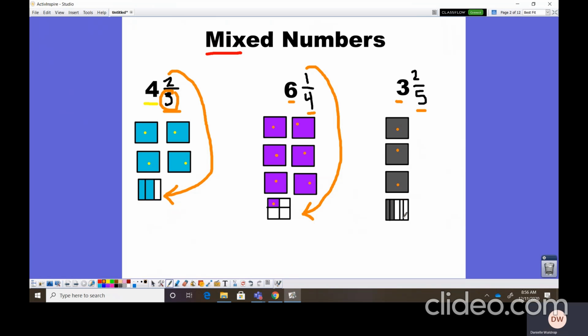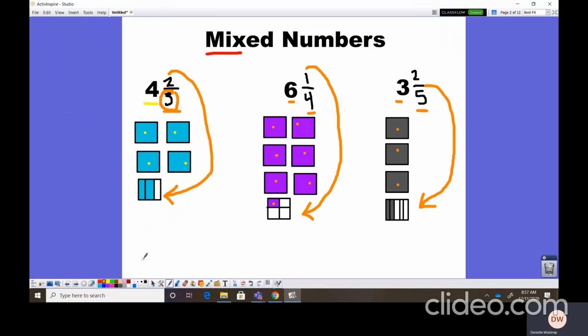So I drew another square down here. But this time, remember, when you do your fraction, you're not coloring in a whole square, because then that would have changed my number to 4. I only want 2/5. So I had to divide my square into 5 pieces. 1, 2, 3, 4, 5. And I colored 2 of them. 1, 2. And so that would be 2/5.